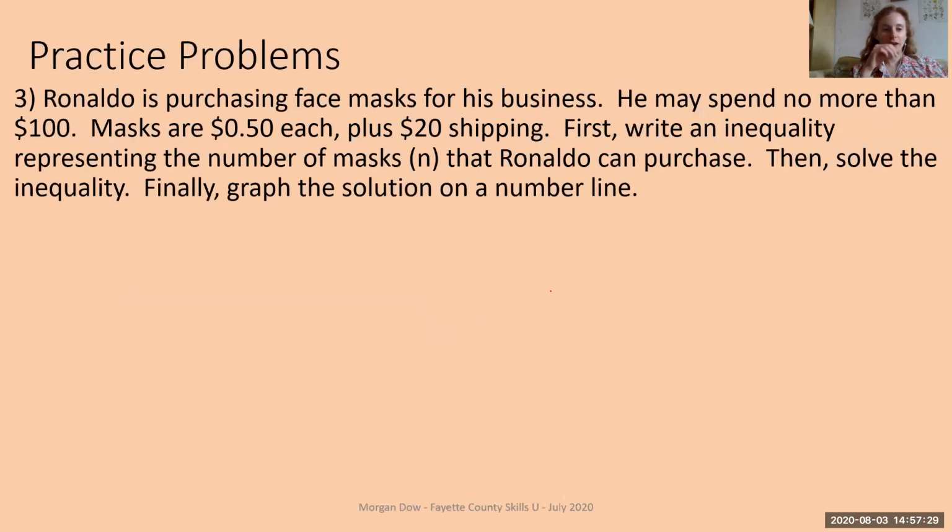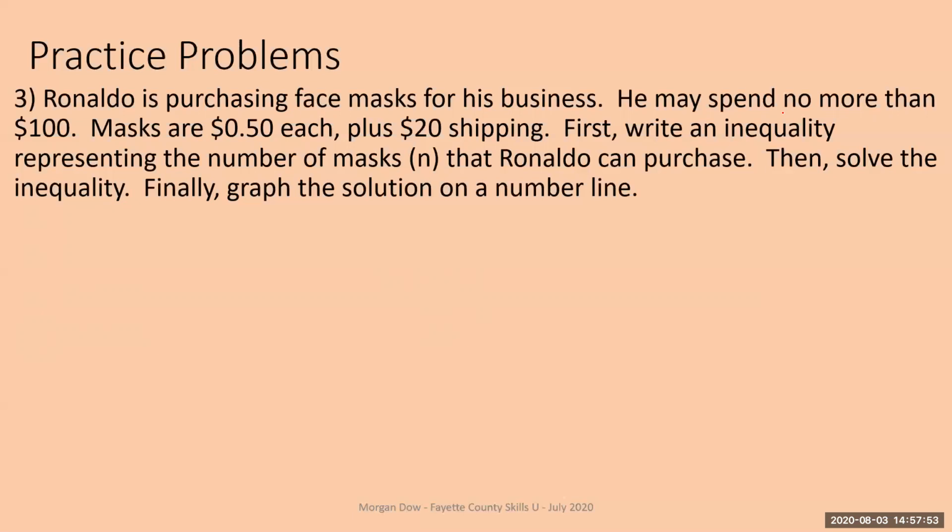All right, now on to our final problem here. Number 3, Ronaldo is purchasing face masks for his business. He may spend no more than $100. Masks are 50 cents each plus $20 shipping. First, write an inequality representing the number of masks that Ronaldo can purchase. Then solve the inequality.